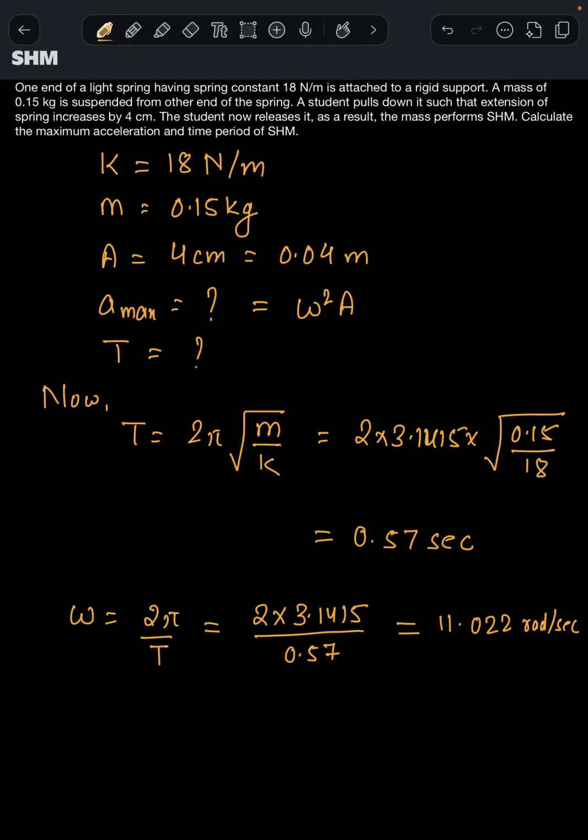After getting omega, we can calculate maximum acceleration as omega square a, that is 11.022 square into amplitude 0.04. On calculating, we get 4.8 meter per second square. So this is the solution of the first question.